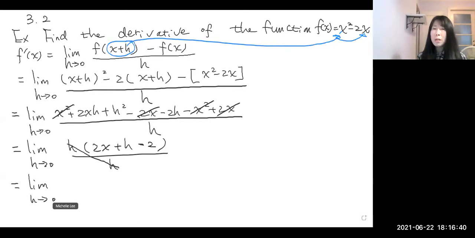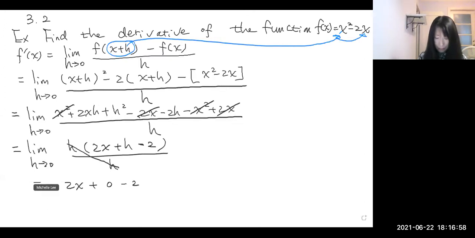Now, we can substitute when h approaches 0. So 2x plus 0 minus 2. Since we substitute, I don't want to write down this one here. So we get 2x minus 2.